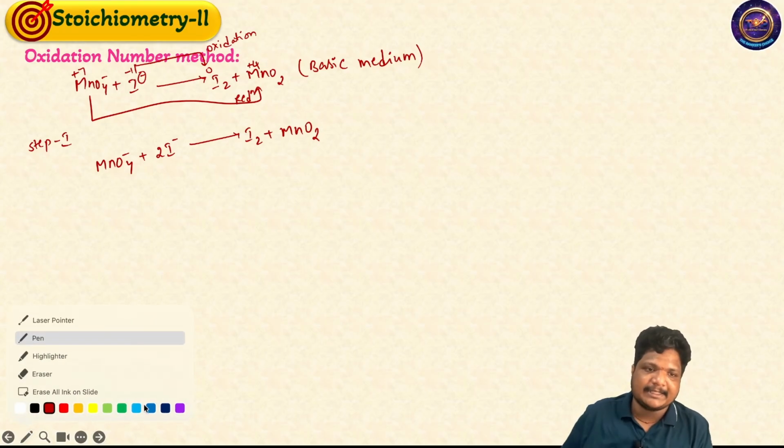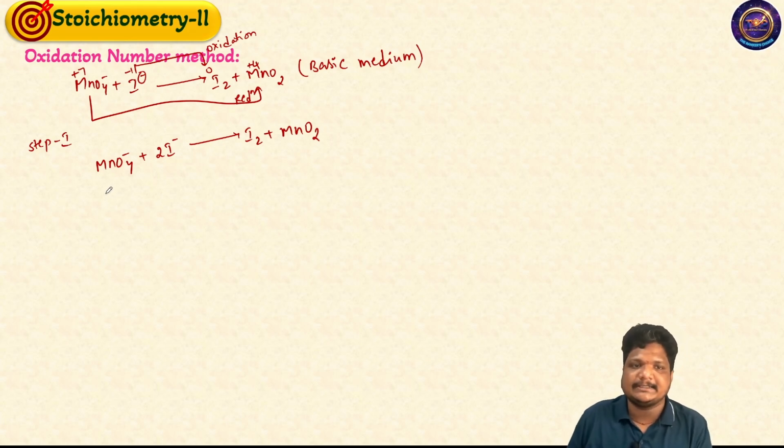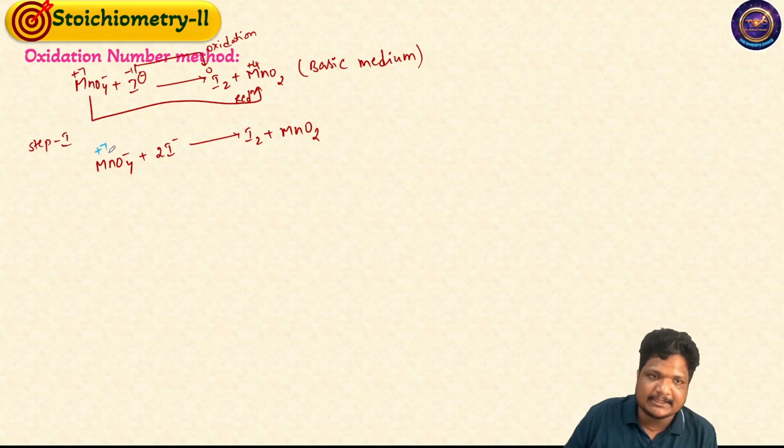In the second step, we have to find out the increase in oxidation number and the decrease in oxidation number, and you have to balance them. Here manganese is plus 7, which is converted into Mn plus 4.